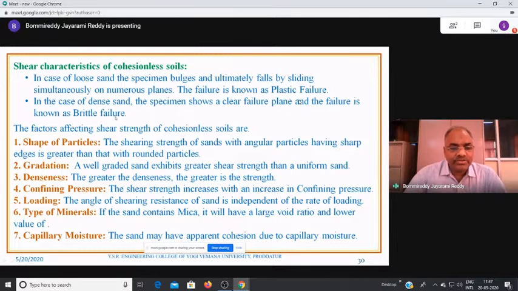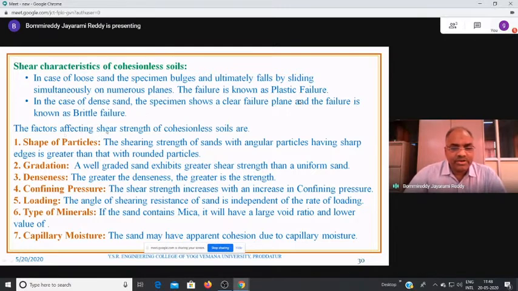I have already seen several failures. Brittle failure means a small deformation occurs before failure of the specimen, and that is more in the case of cohesionless soils, whereas plastic failure is more in the case of cohesive soils.